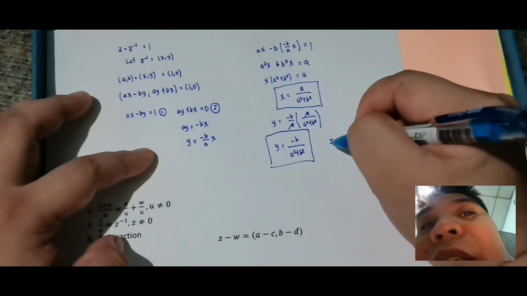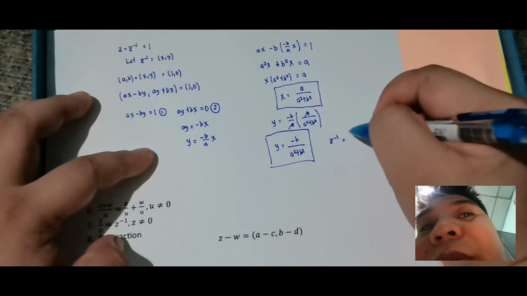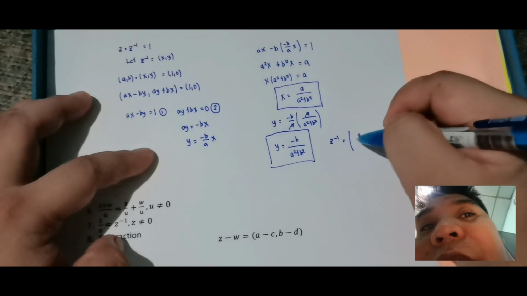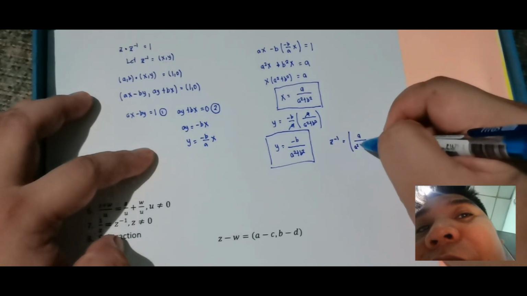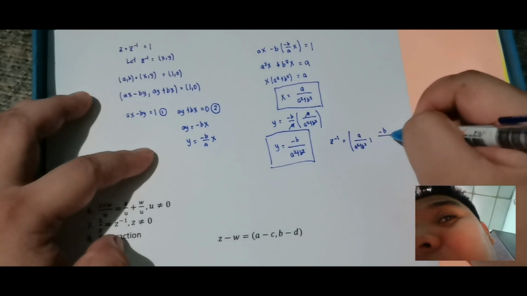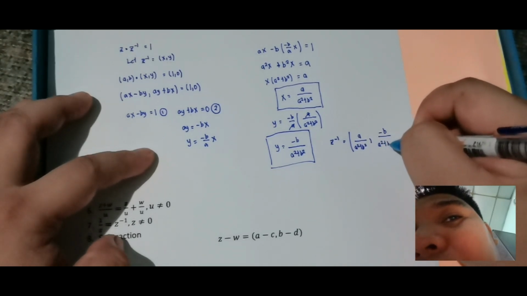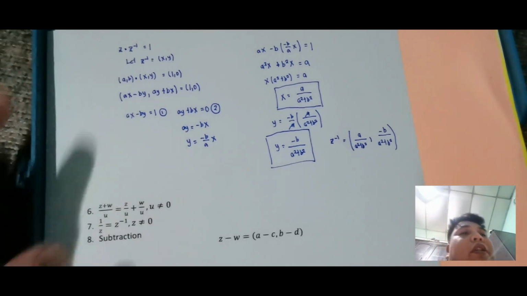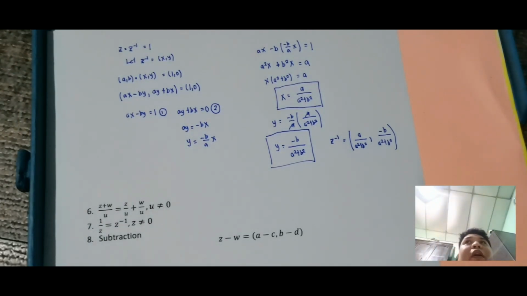Okay, so ano yung z inverse? Z inverse, ang formula na is equal to (a over (a squared plus b squared), comma, negative b over (a squared plus b squared)). Okay, so kung gusto mong hanapin yung multiplicative inverse, yun yung gagamitin.